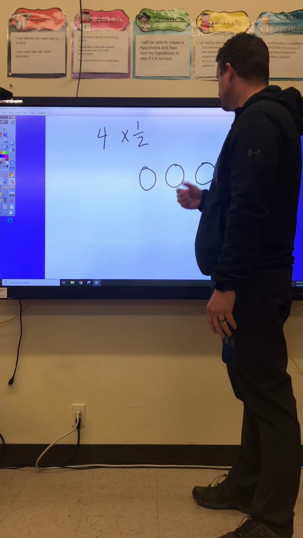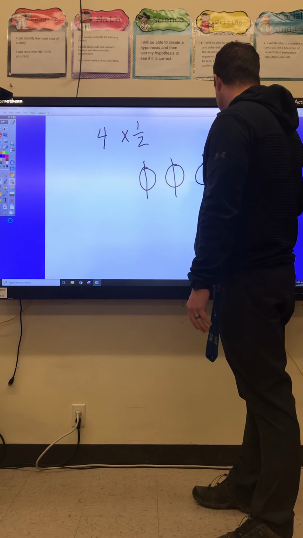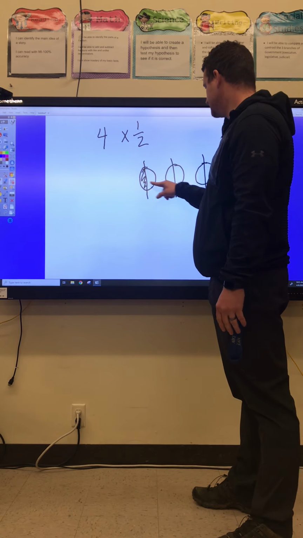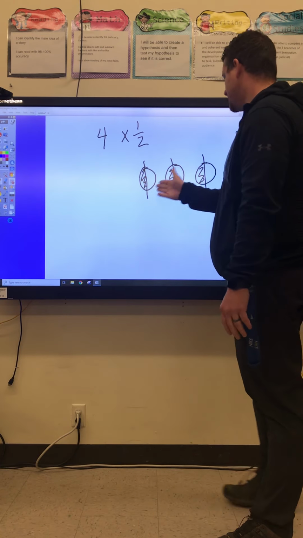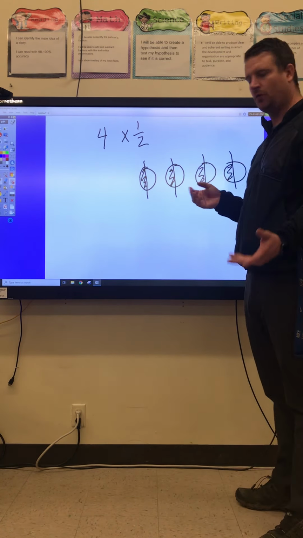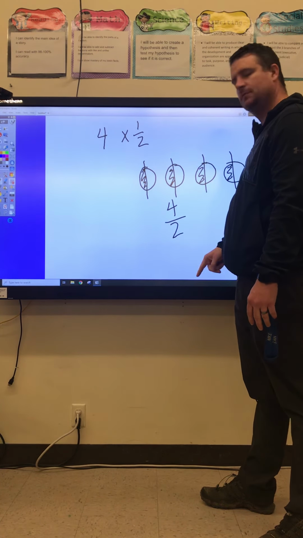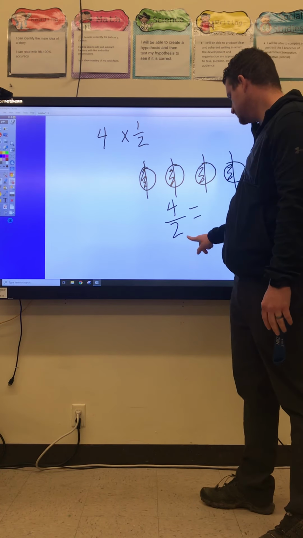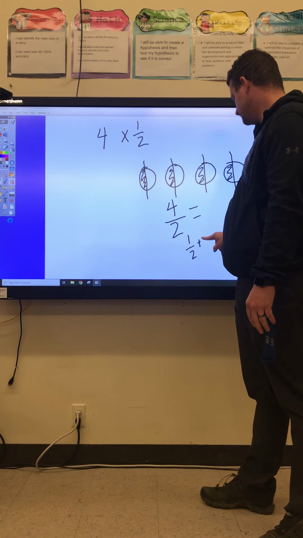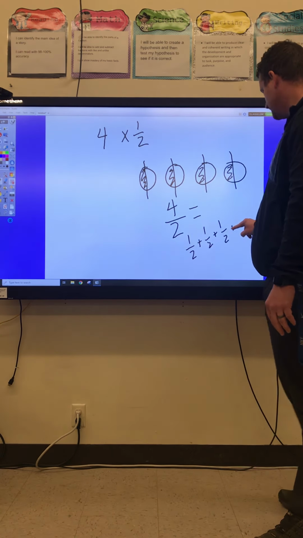If we break them all in half, we shade them in. So how many halves do we have? We have 4 halves, which, if we add all those halves together, equals 1/2 plus 1/2 plus 1/2 plus 1/2.